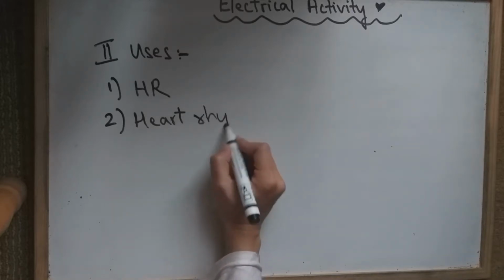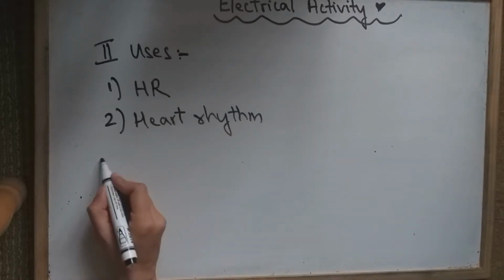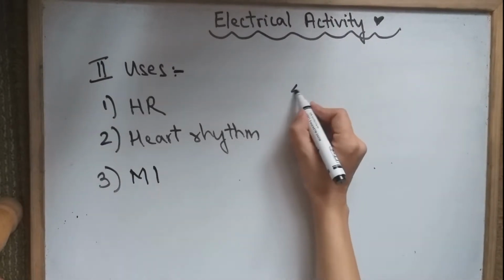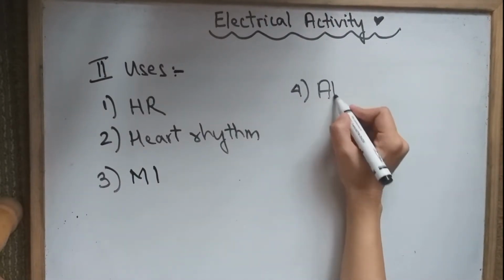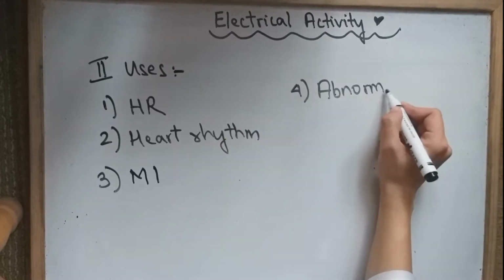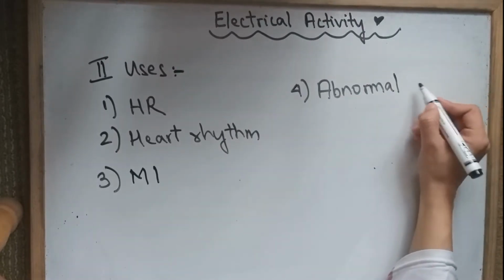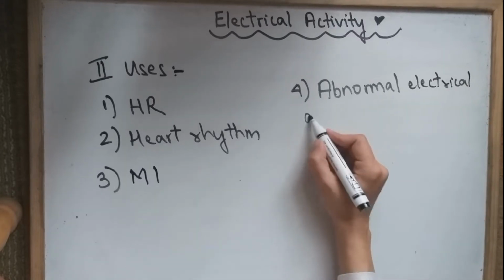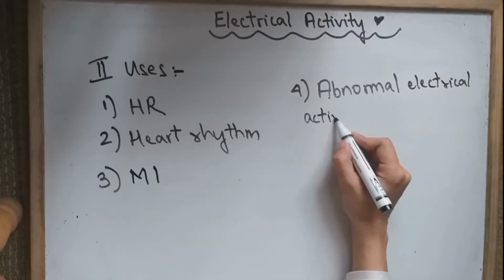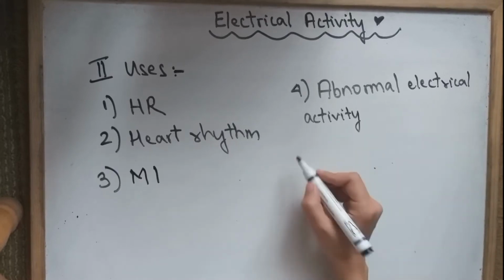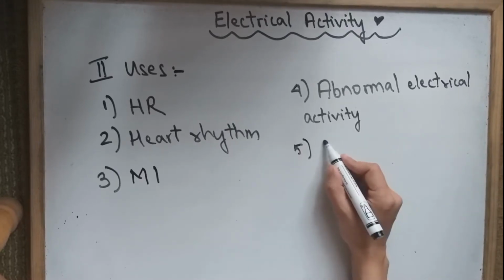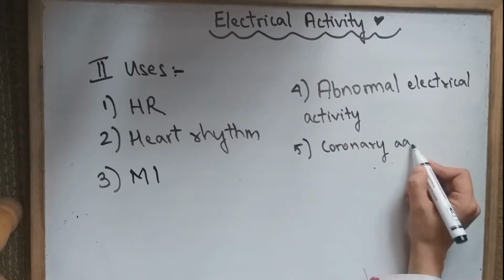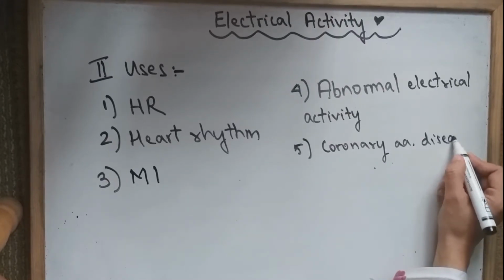We can also find out about some kinds of diseases like heart attack, myocardial infarction, ischemic diseases of the heart, abnormal electrical activity of the heart, and coronary artery disease.